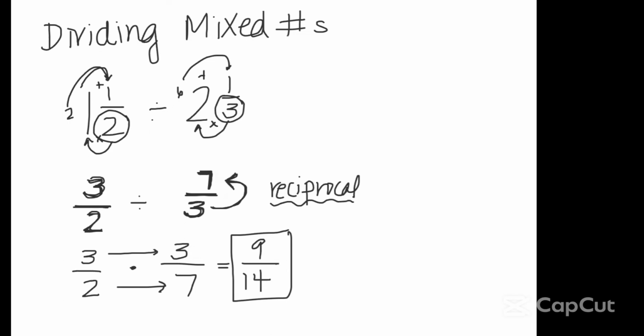I have a question. Sure. How come you switched the second one, didn't switch the first one? Because normally the way they teach this is they tell you to cross multiply. Okay. But cross multiplying, a lot of times people put things in the wrong place. So it's actually easier to just flip this over. Now, if I were to explain that the long way, the way this works is like this. 3 over 2 divided by 7 over 3.